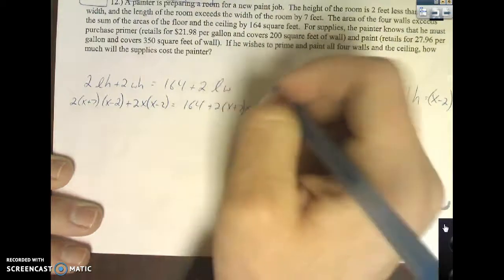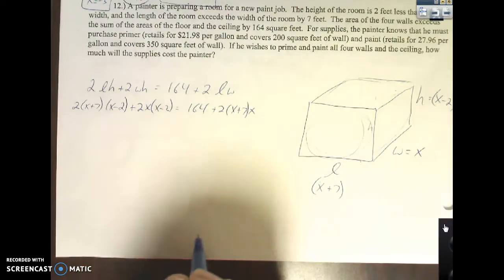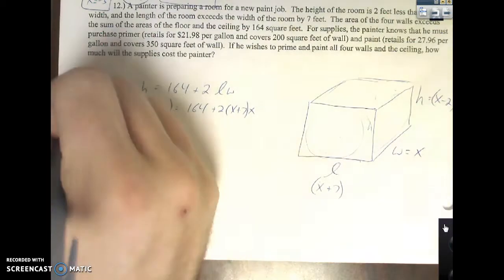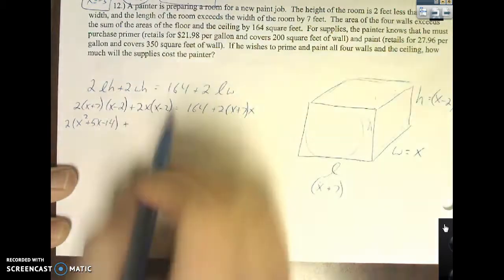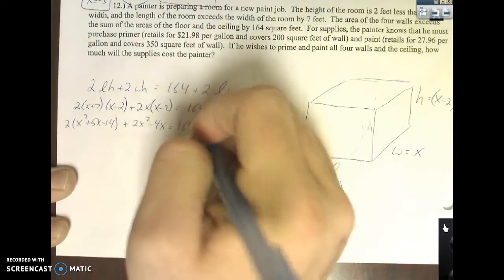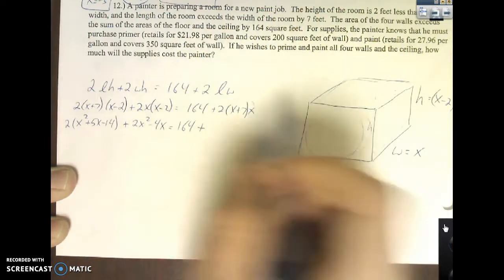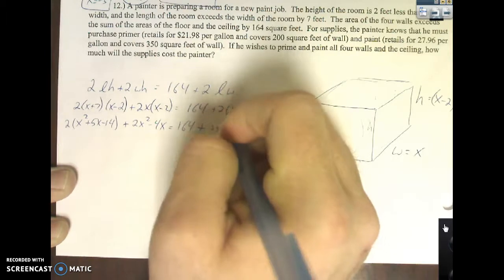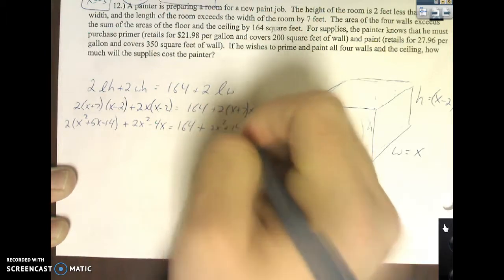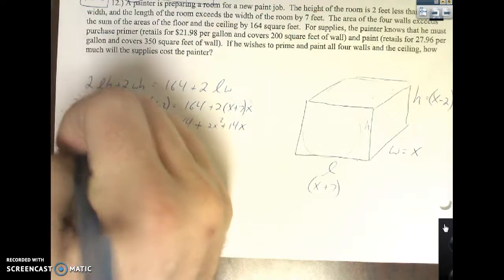Width is x. A lot of FOILing, a lot of cleaning things up. First part, if I FOIL this out, x squared plus 5x minus 14, plus here, distribute, 2x squared minus 4x. This is a 2x right here. I'm going to multiply the 2 across.